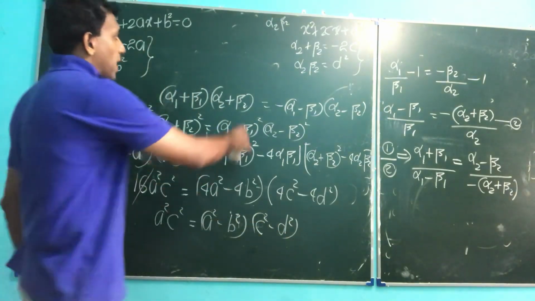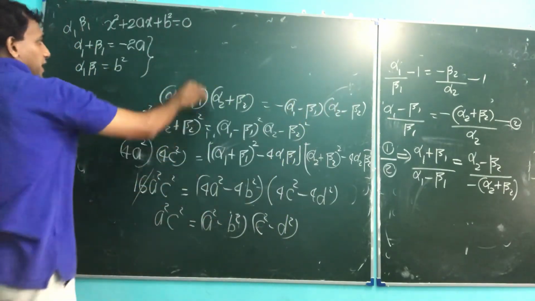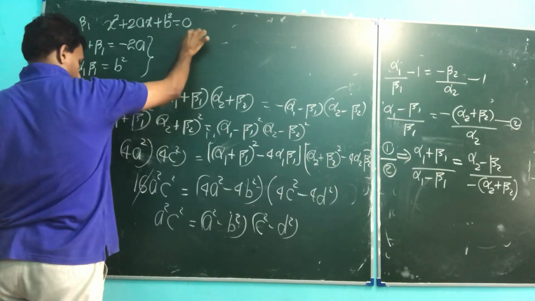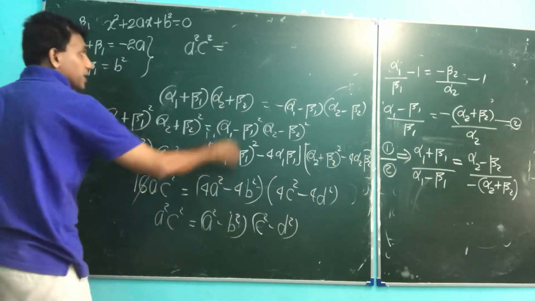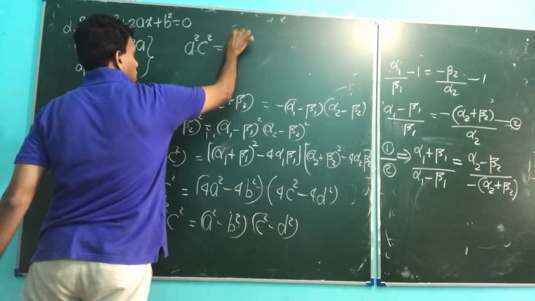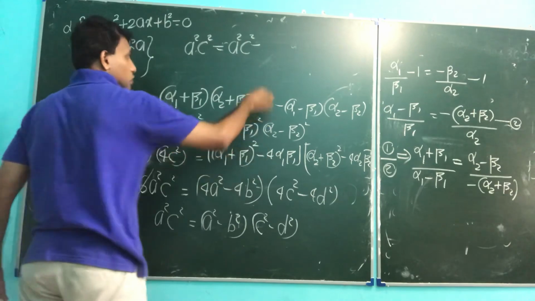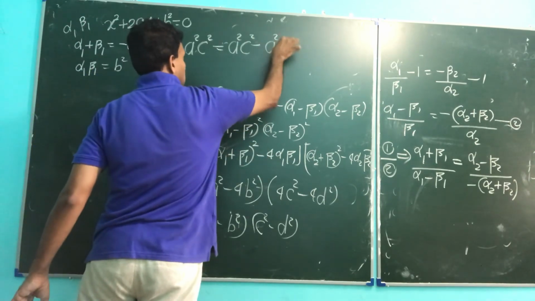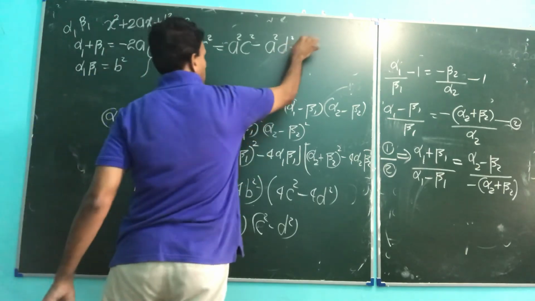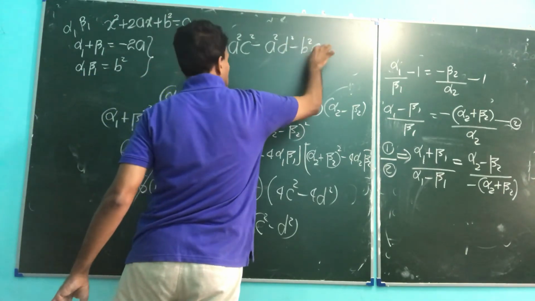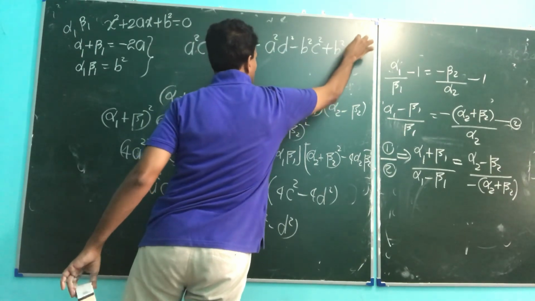If you multiply this bracket, a square c square equal, multiply this, a square c square minus a square d square, minus b square c square plus b square d square, right?